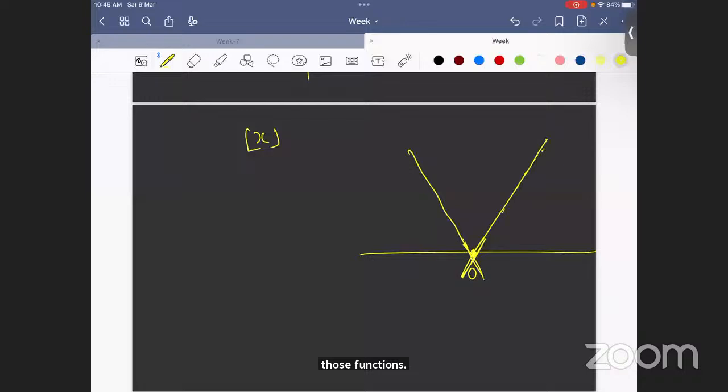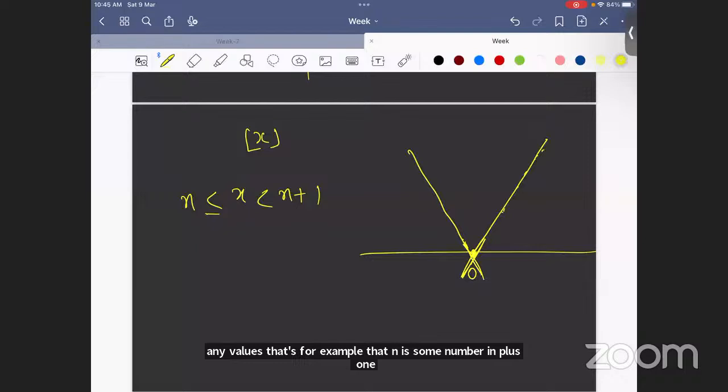That means this floor function is defined on integers only? No, for any values. Let's say n is some number, from n to n plus 1. What do you get?